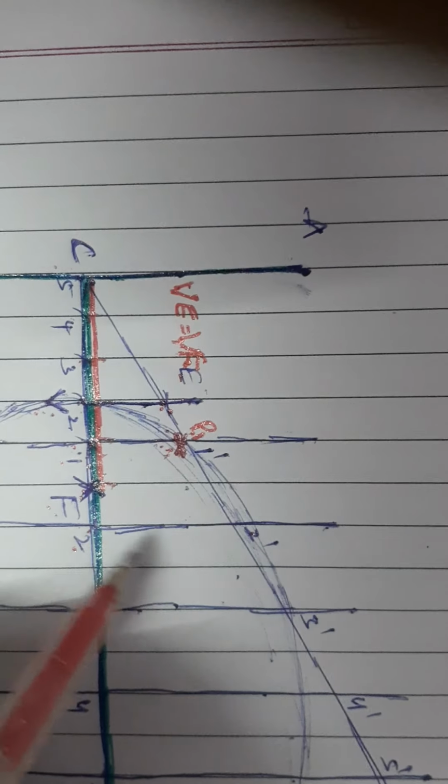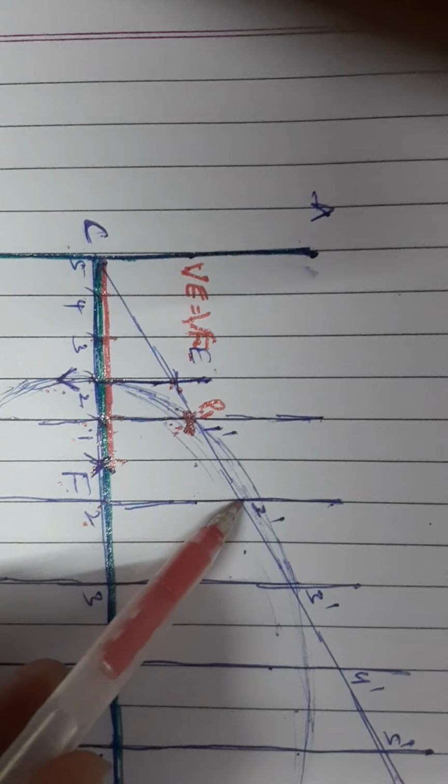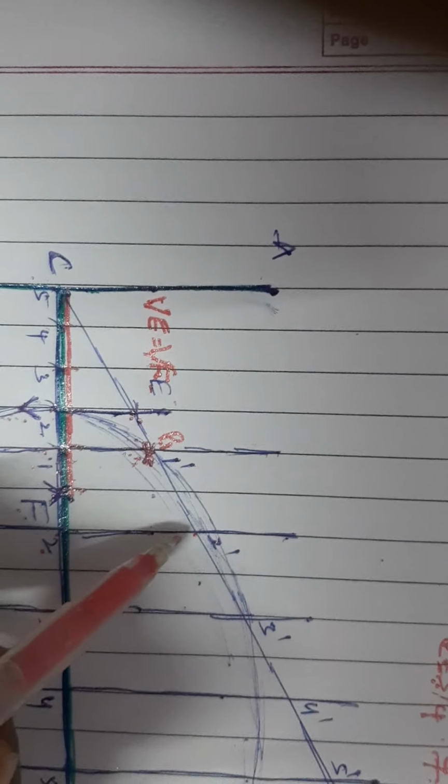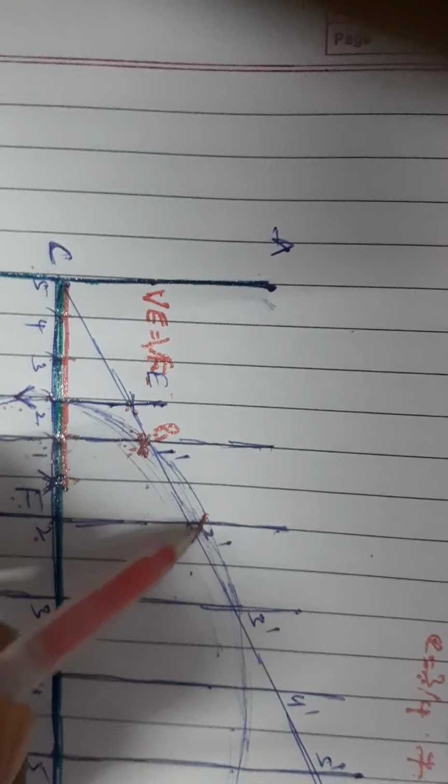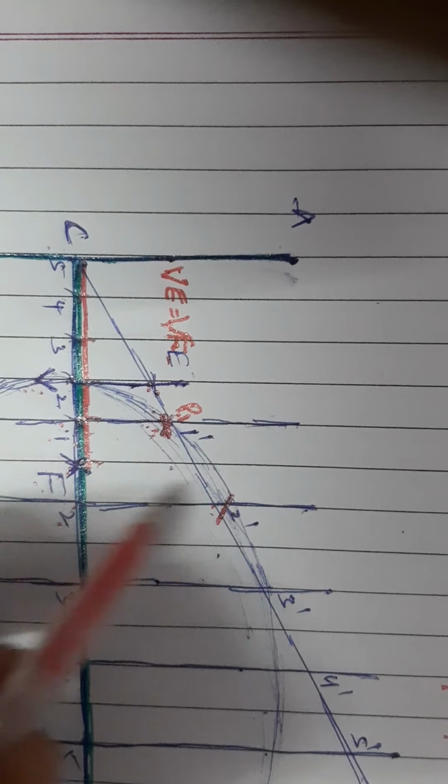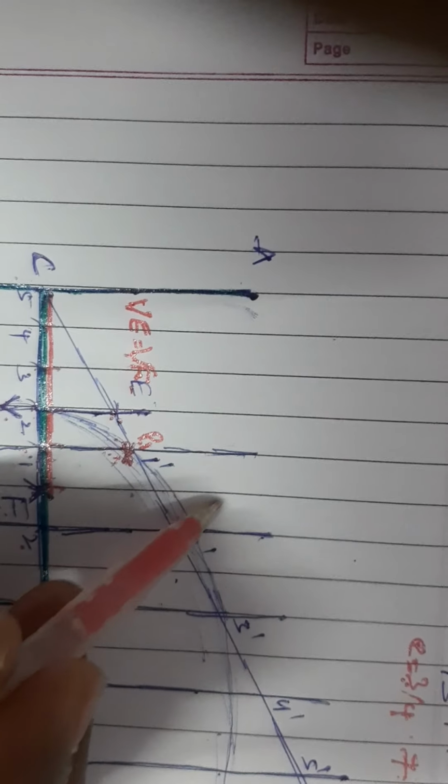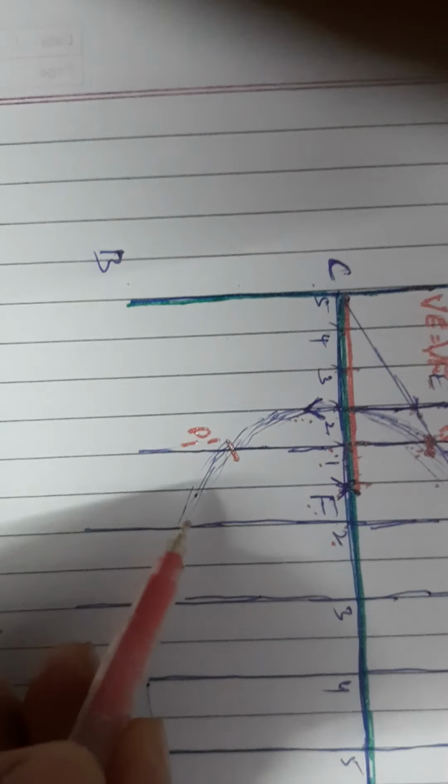Now with the compass, taking the 2 dash radius and F as center, draw an arc to cut the same 2 dash line at P2 above the axis and at P2 dash below the axis.